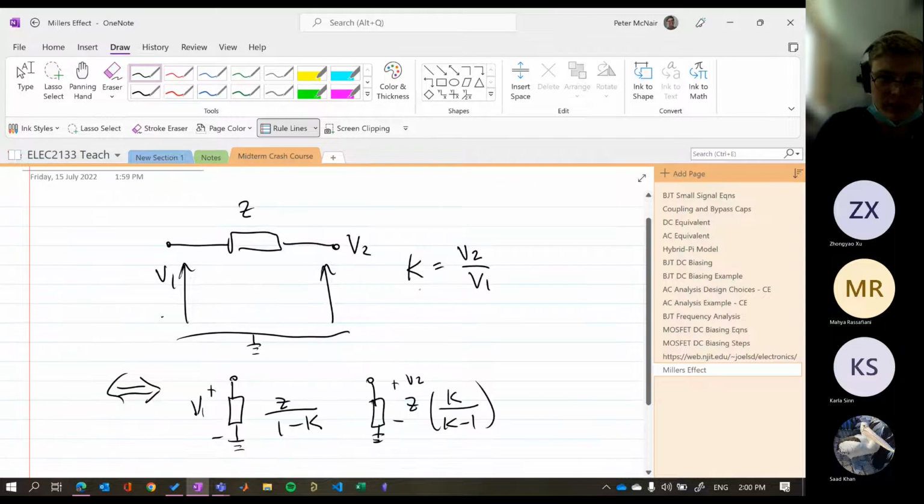So we're starting with an impedance across two voltages, and there's a gain, and it's very important that this K is less than 0.